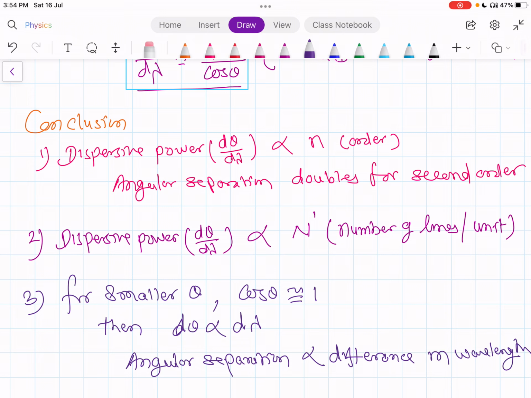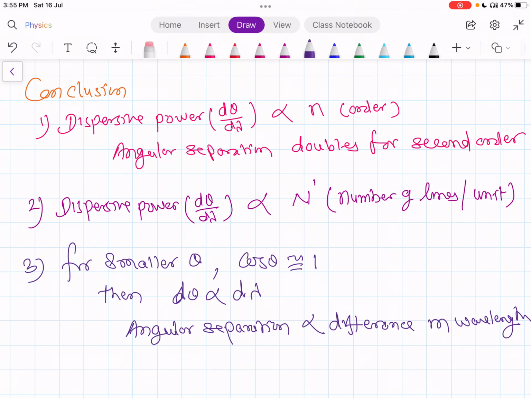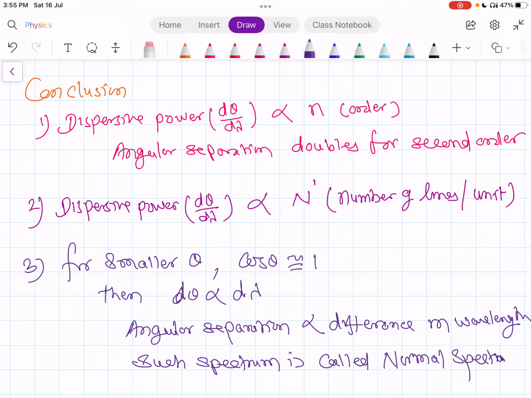So angular separation is directly proportional to difference in wavelength. Then such a spectrum is called a normal spectrum. When d theta is directly proportional to d lambda, that spectrum is called a normal spectrum.